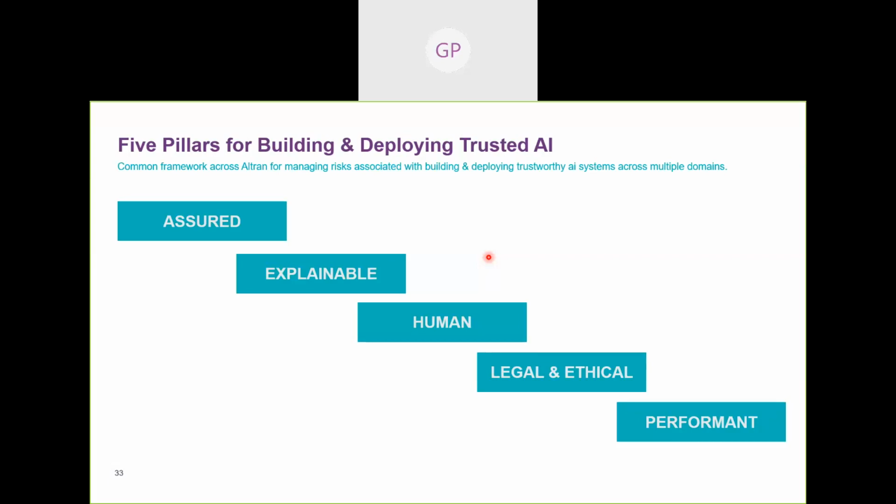So what is assured? Assurance in trusted AI means that the data is free from any sort of bias, which overlaps with legal and ethical, I'll come on to that. The data is complete in a sense: it doesn't have outliers, and it doesn't have empty values, etc. And it's free from bias.